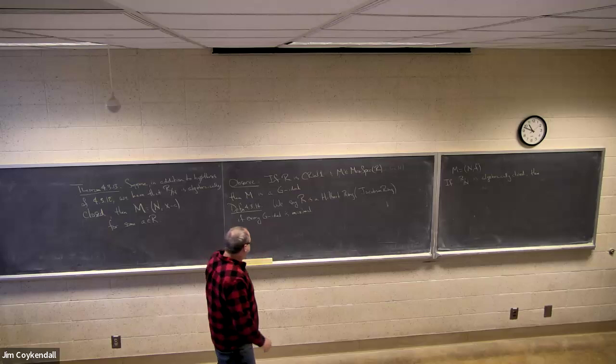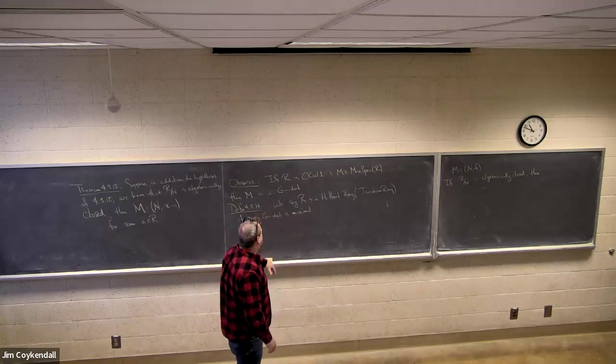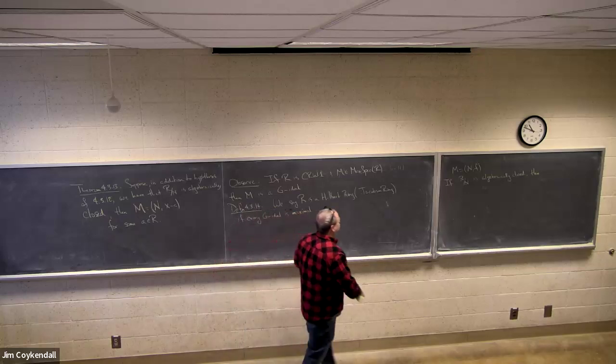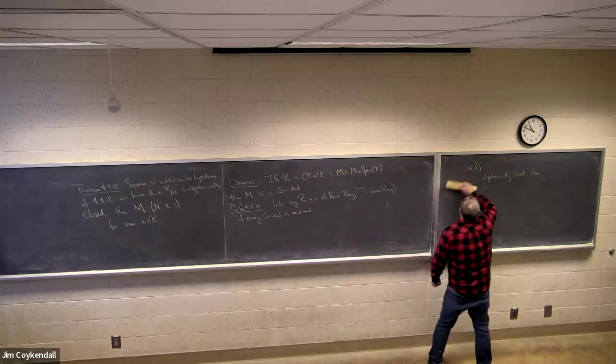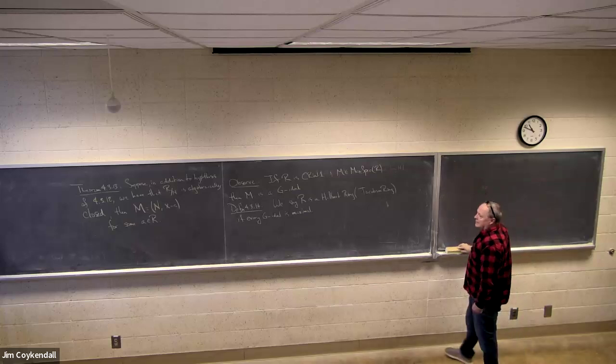Okay, so this is what it means to be a Hilbert ring. We know that every maximal ideal is a G ideal. If the converse holds, every G ideal is a maximal ideal, then we call this a Hilbert ring.